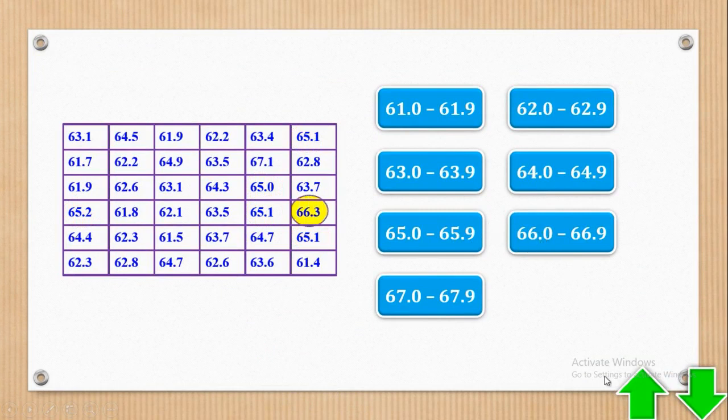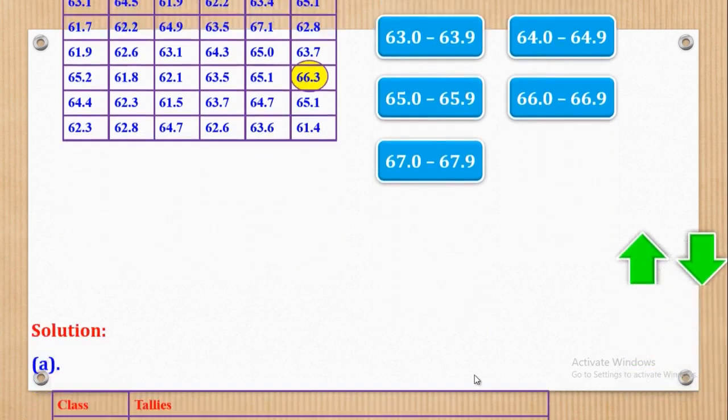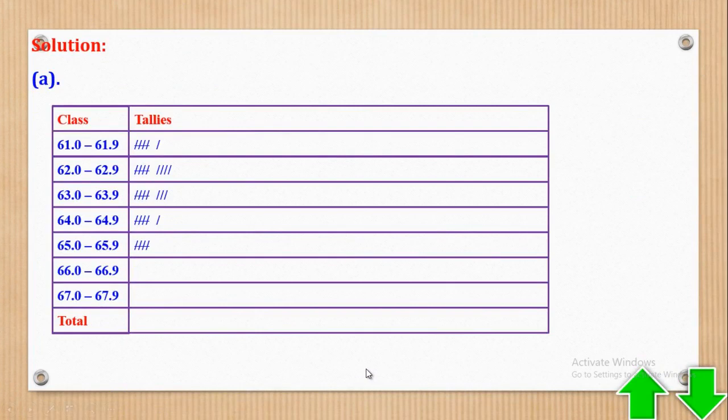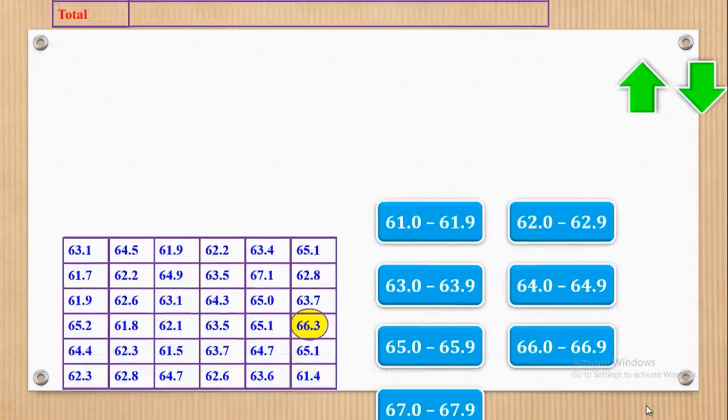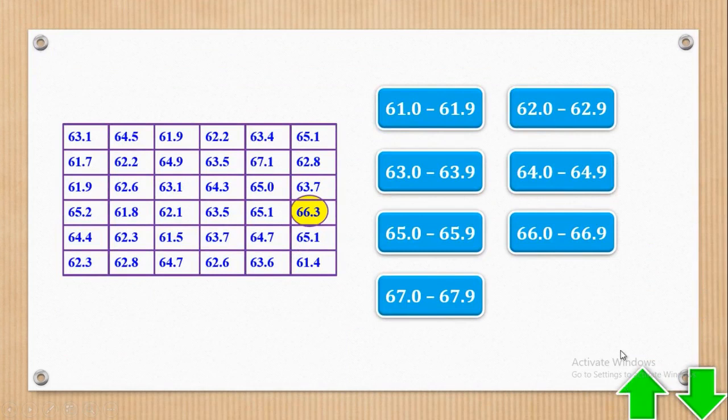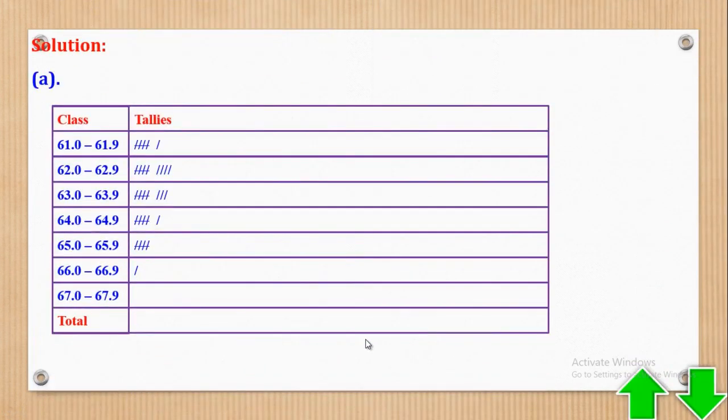That is only 1. So I shall come and put 1 tally corresponding to 1 here. And lastly is 67.0 to 67.9. So that is also 1. So you come and put the tally corresponding to 1 there.